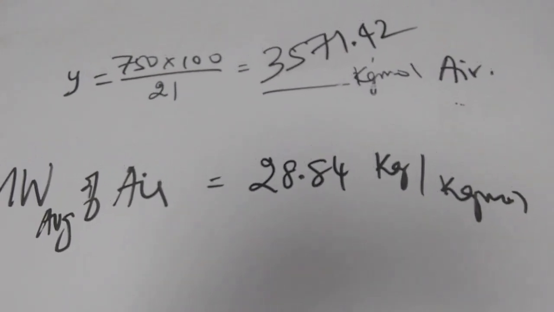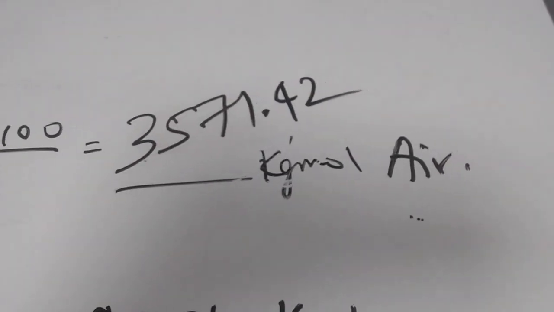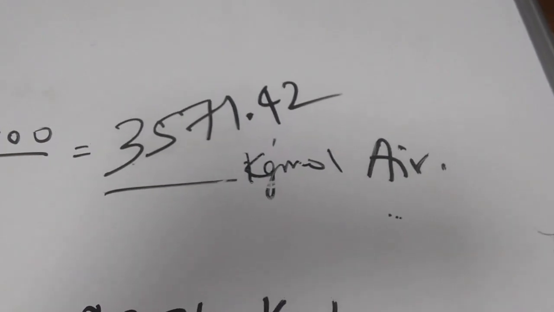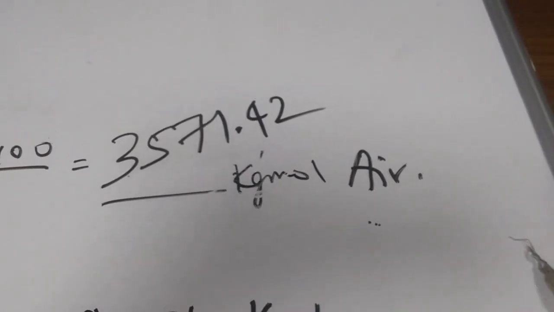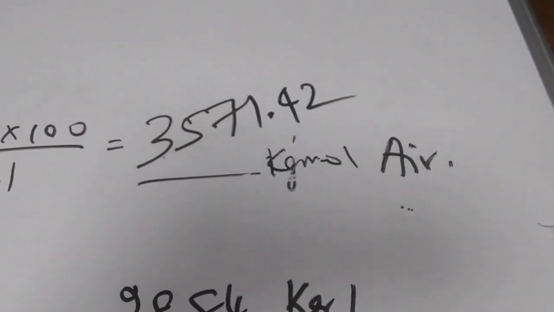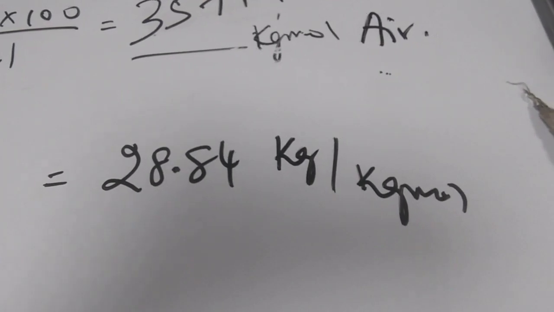So this we know, and in this problem we have determined how much kg moles of air is required to form 100 kg moles of Fe2O3. Okay, so we have 3571.42 kg moles of air. 28.84 kg per kg mole is the molecular weight.